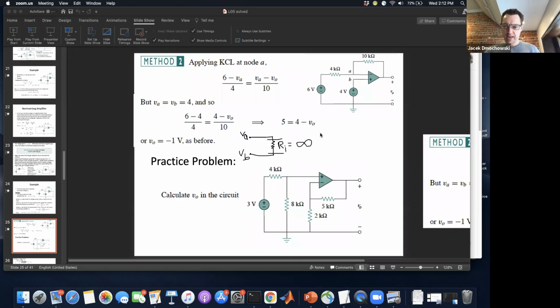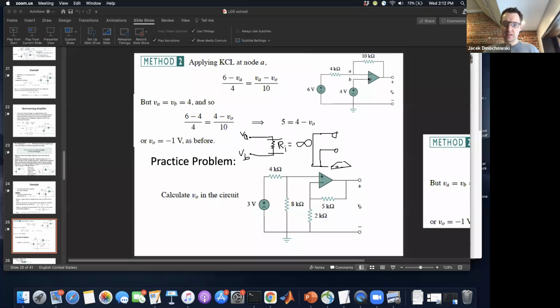So in other words, if you have VA and VB, and some common battery here, you're not going to have any current that flows from this point to this point, and therefore these two points are effectively sitting at the same voltage.